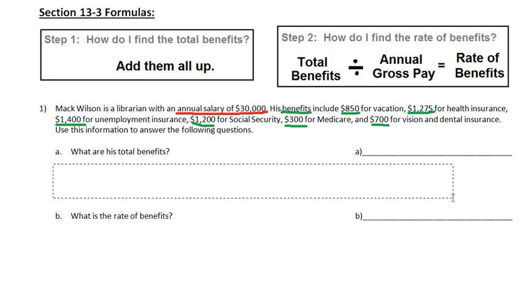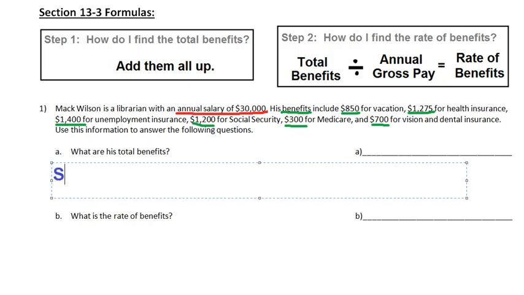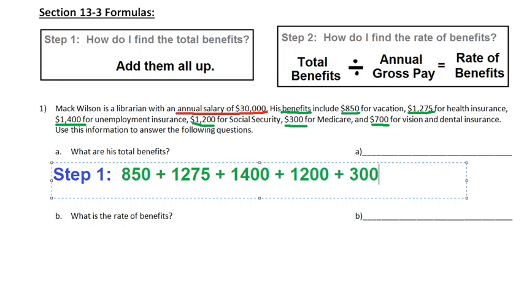First up, what are his total benefits? Well, that takes us to step 1, where once again we have to do some adding. And what we're adding up are all the green numbers, because those are his benefits. So that's 850, plus 1275, plus 1400, plus 1200, plus 300, plus 700.